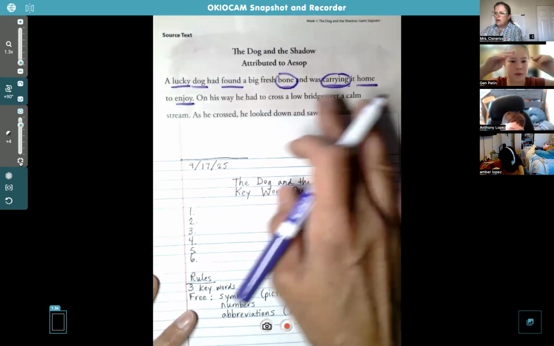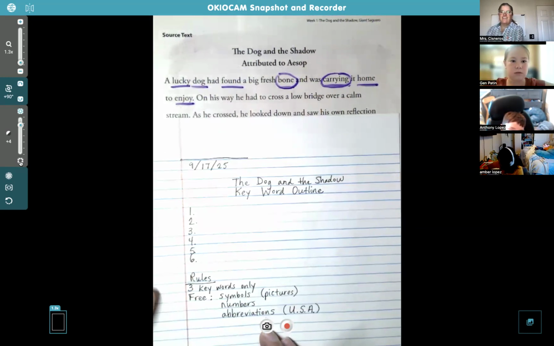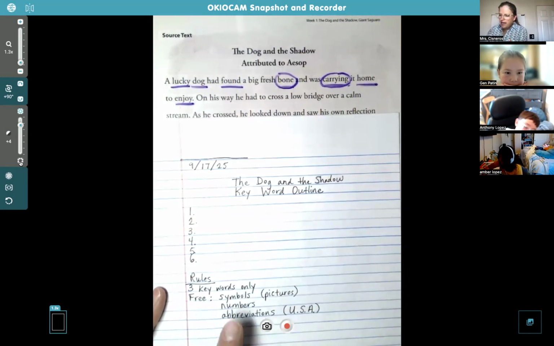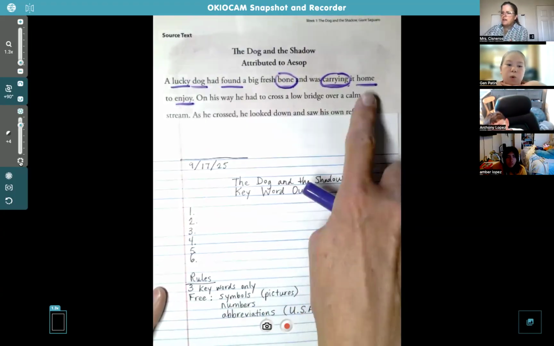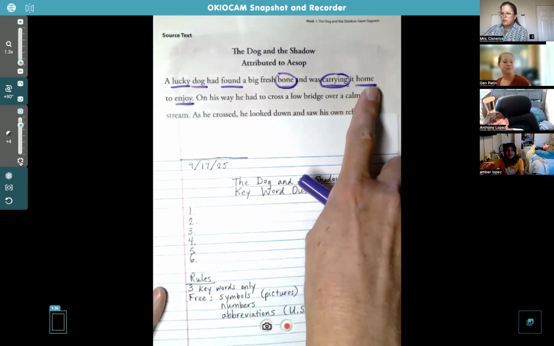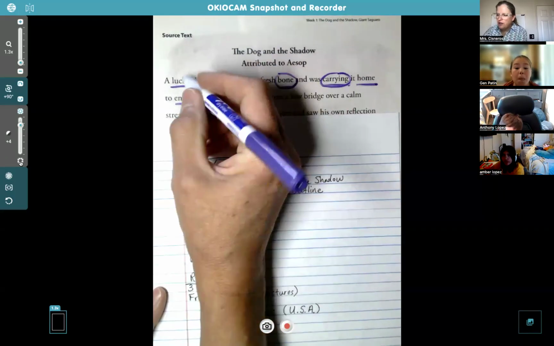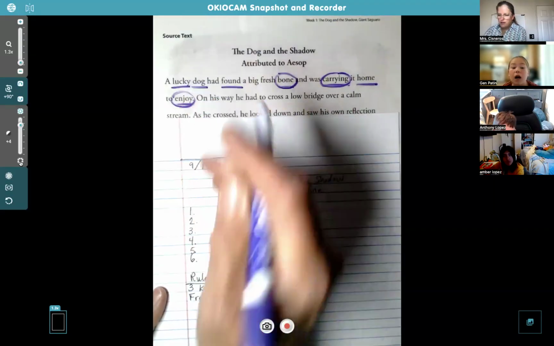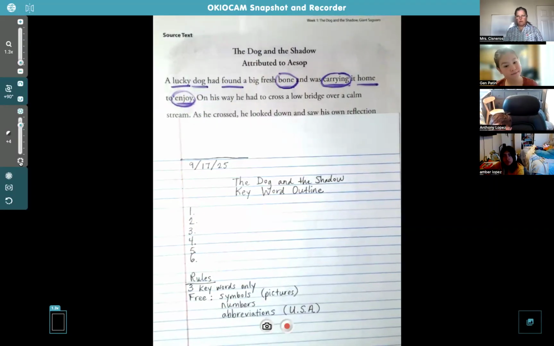They don't have opposable thumbs. You're right, they don't. I'm thinking because we can use symbols, we could draw a little house to represent home. And then I think we need that word enjoy. Now we've got our 3.